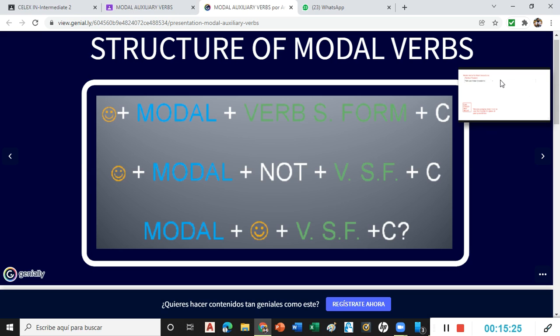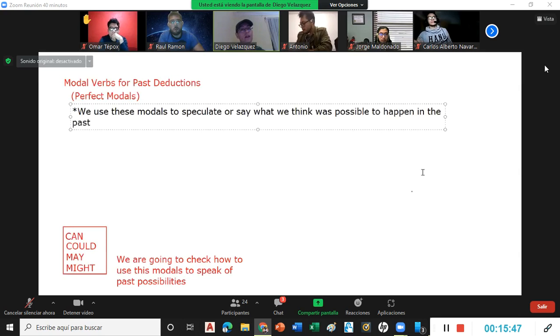practically, my friends, to speculate or say what we think was possible to happen in the past, okay? And well, practically this is the function of the perfect modals.